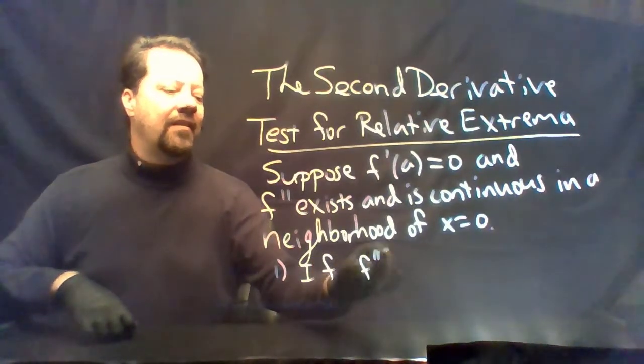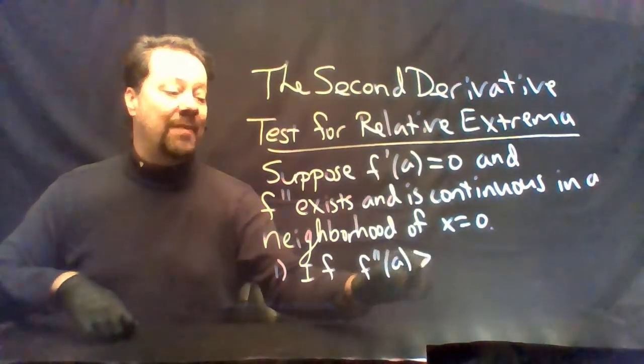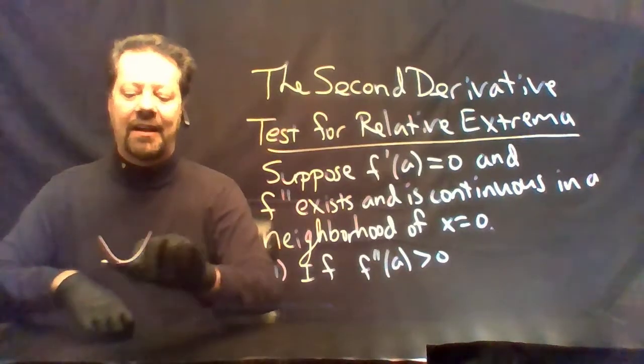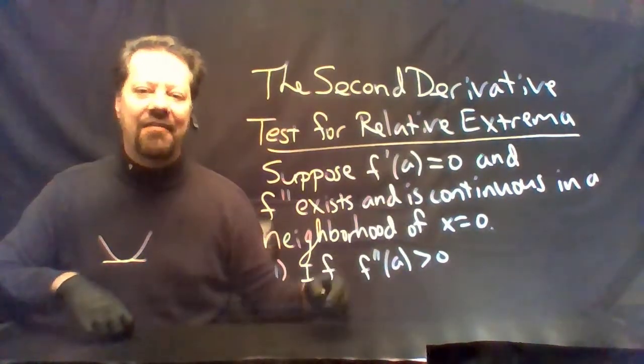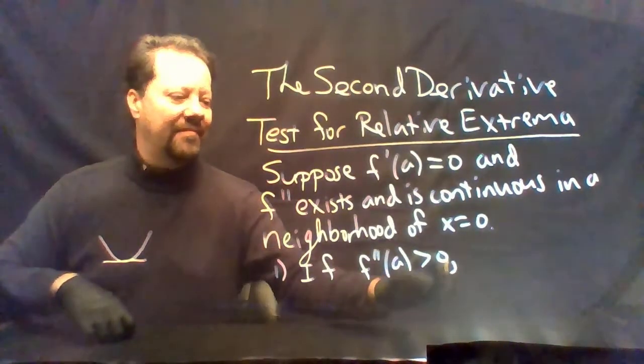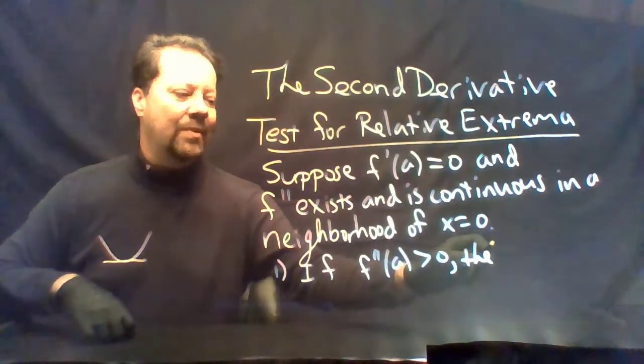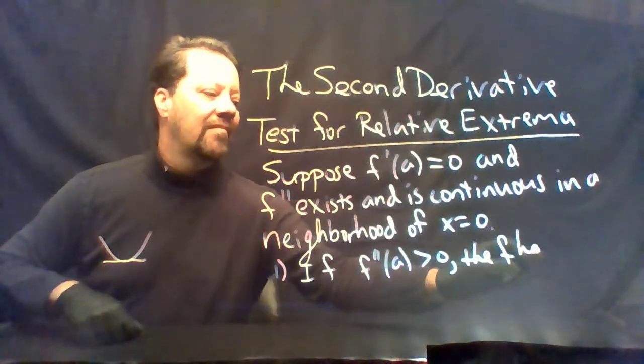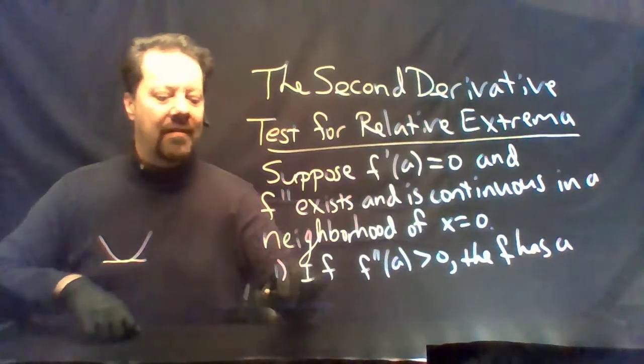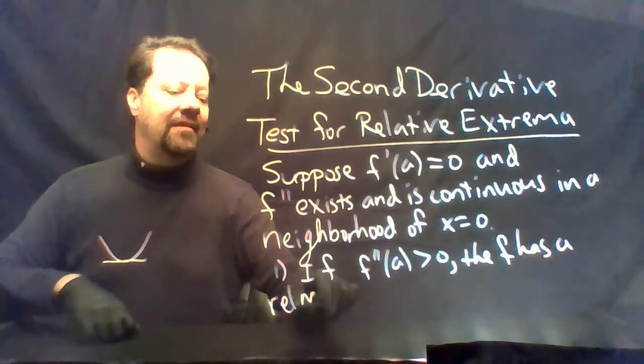One, if the second order derivative at A is positive, so that it's concave up, then f has a local min at x equals A. A relative min.